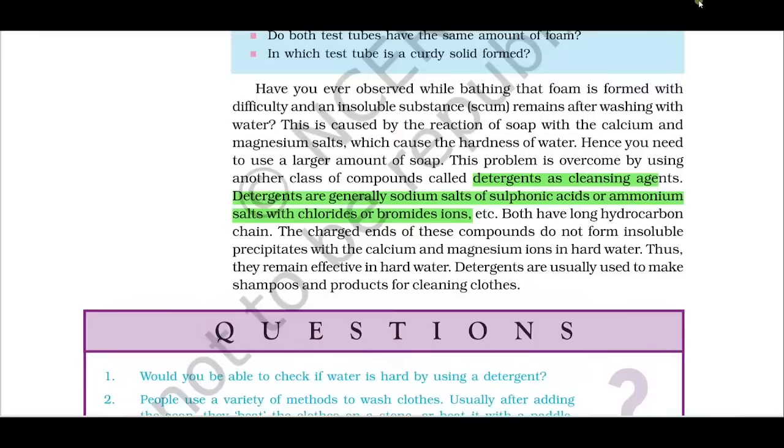Which is more preferred for washing? Detergents will be preferred in case of hard water, but in case of being environmentally friendly, which is more preferred? Soaps. Why? Because they are biodegradable.